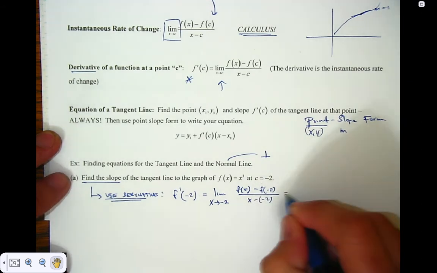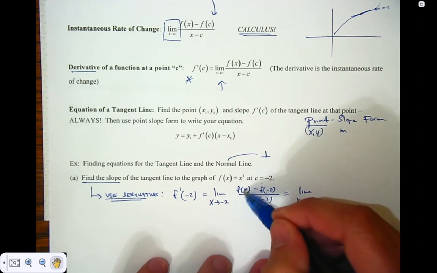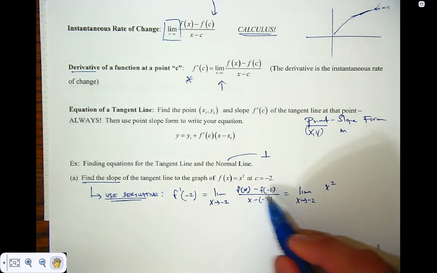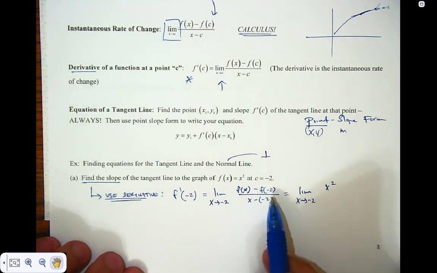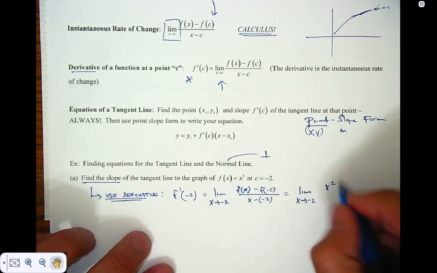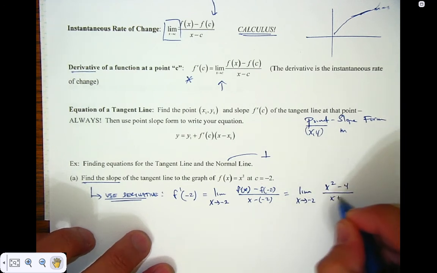Okay, and let's continue and fill things in that we know. So it's the limit as x approaches -2. Well, what is f of x? It tells us right there it's x squared. So I have x squared minus f of -2. Well, if I plug in -2 to the function, I get -2 quantity squared, which is +4. So I've got x squared minus 4, all over the bottom becomes x plus 2.